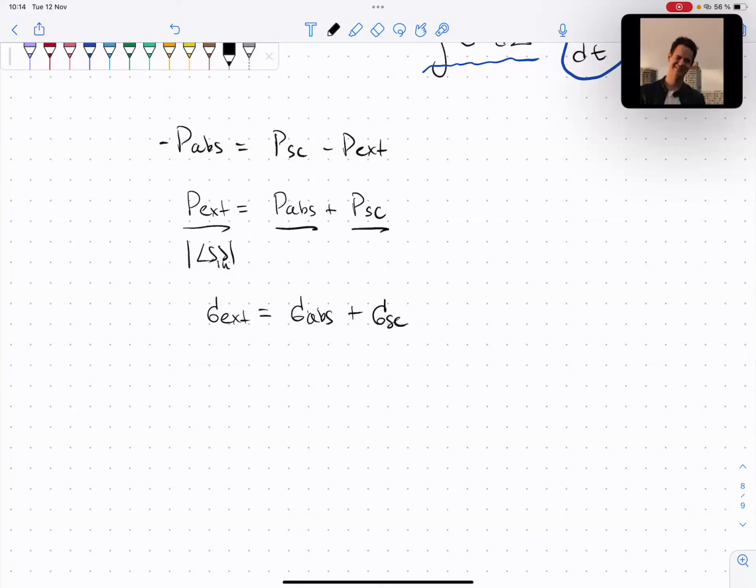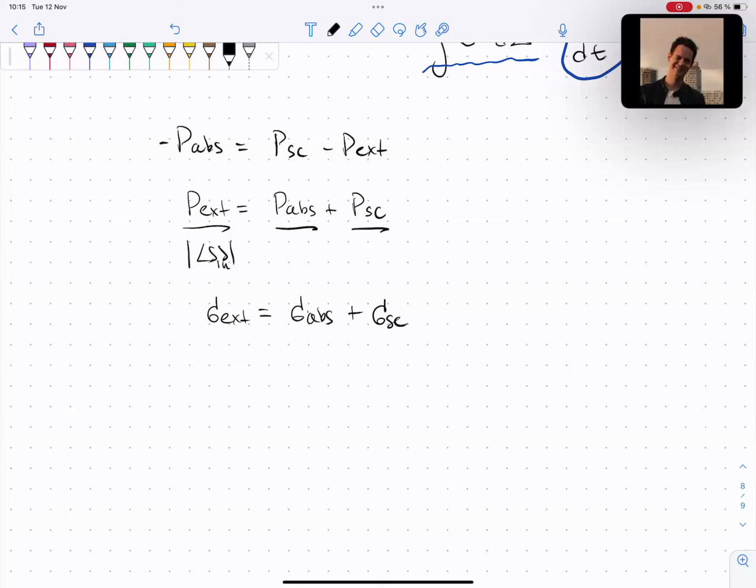So the extinction, basically the physical meaning is obvious. The extinction gives us the amount of power that was scattered by our particle and absorbed by our particle.